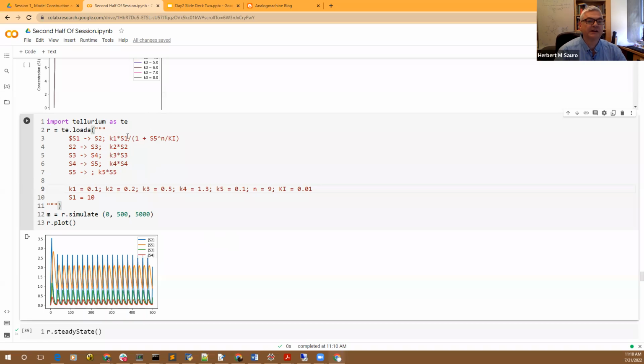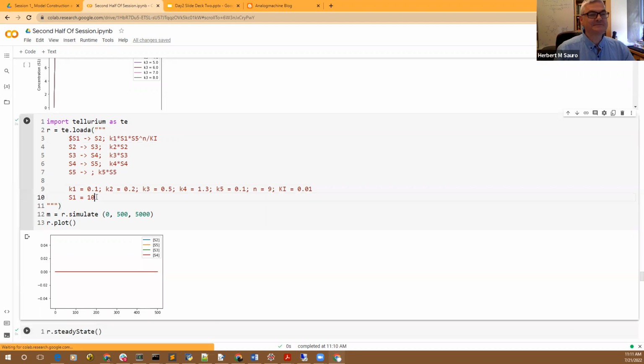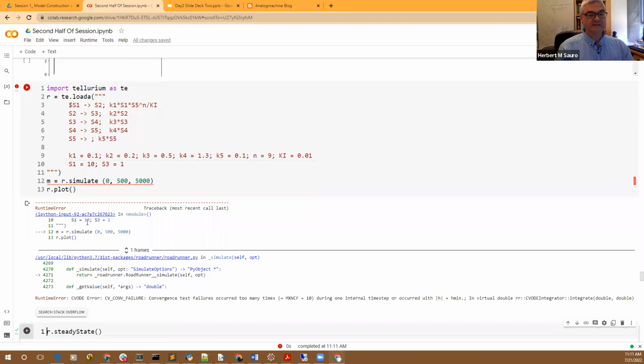If I do this, there's a positive feedback. So now as S5 increases, the rate increases. That's usually bad news. Nothing happens. I think I need to have one thing at least a little bit. This will probably have 2 steady states, one at 0 and one probably at infinity.